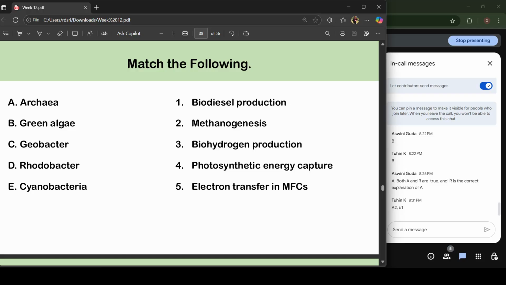Archaea, methanogenesis, okay. Green algae, biodiesel production, okay. Then where do we use geobacter, rhodobacter and cyanobacteria?